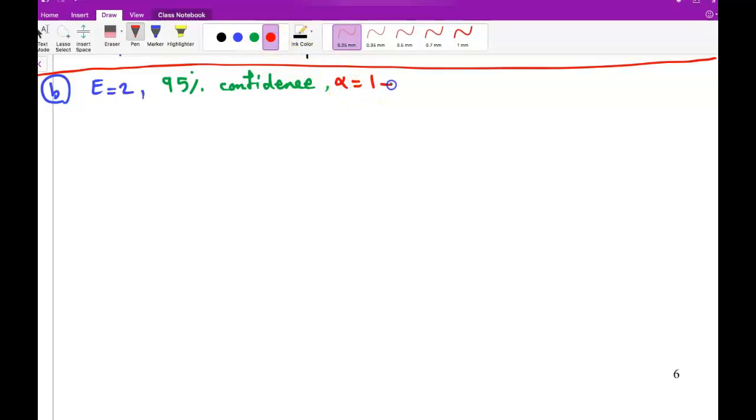So alpha is 1 minus 95%. That's 5%. Then divided by 2, here it is 0.025. And s is the same thing, 13.4.